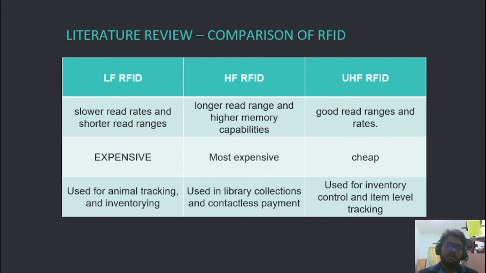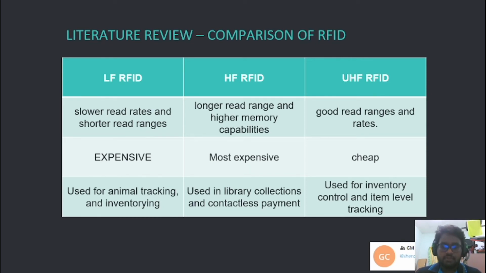The ultra high frequency RFID is like a moderate version, where it is good at read ranges and rates. The high frequency RFID can read in a much longer range, and it also has high memory capabilities compared to the low frequency RFID and the ultra high frequency RFID.